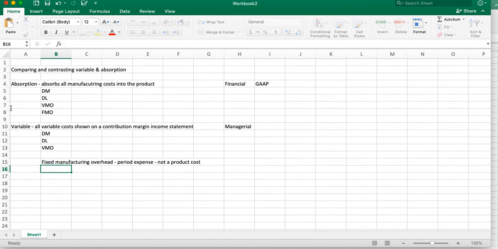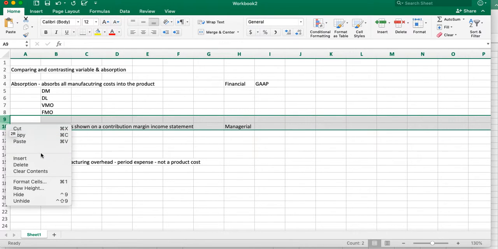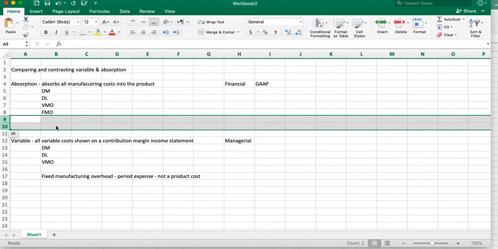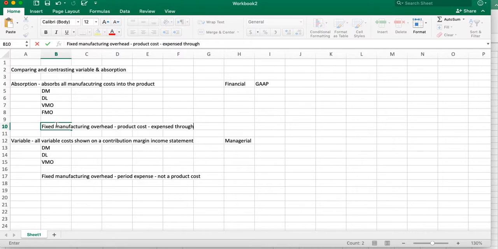You expense it whether you sell the product or not. Whereas with absorption costing, fixed manufacturing overhead is a product cost, and it's expensed through cost of goods sold.